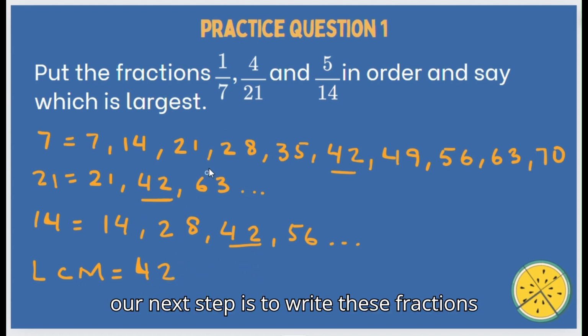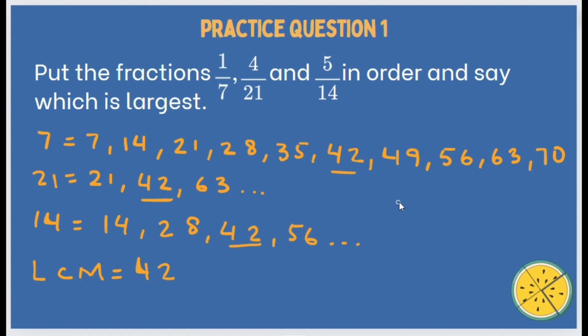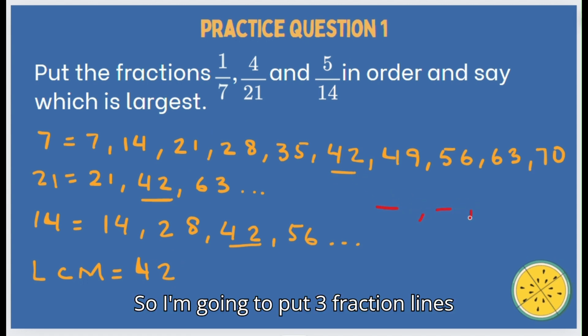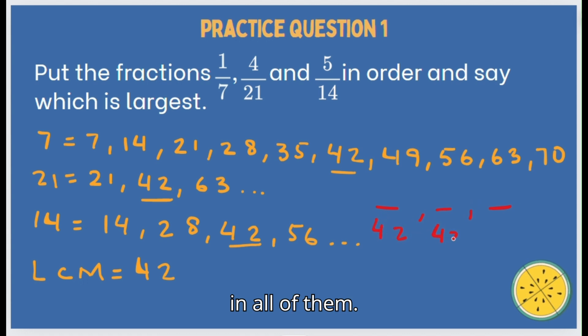Now our next step is to write these fractions with this denominator. So I'm going to put 3 fraction lines and I'm going to put the denominator 42 in all of them.